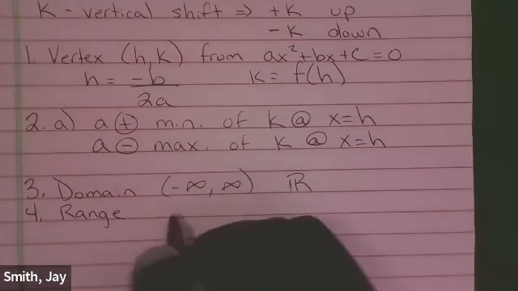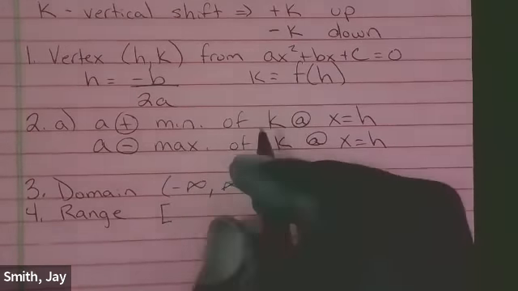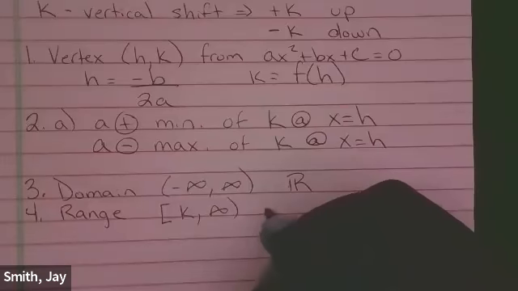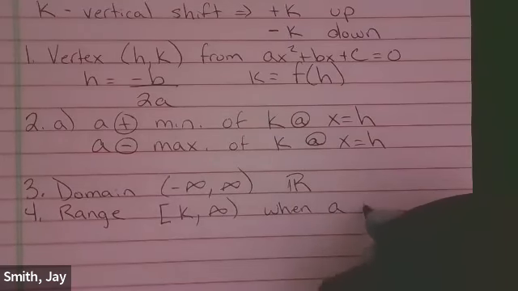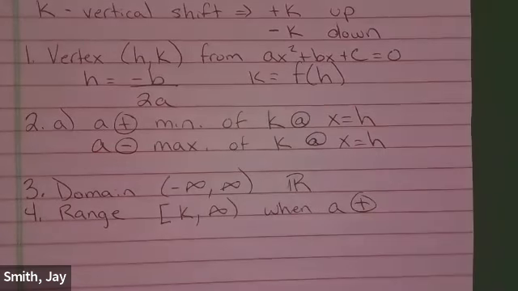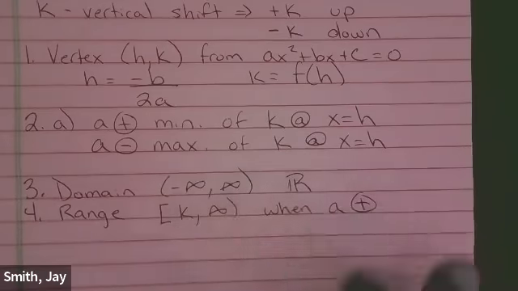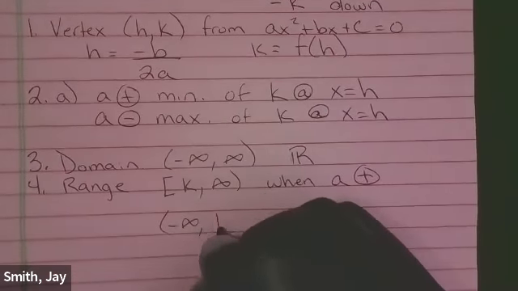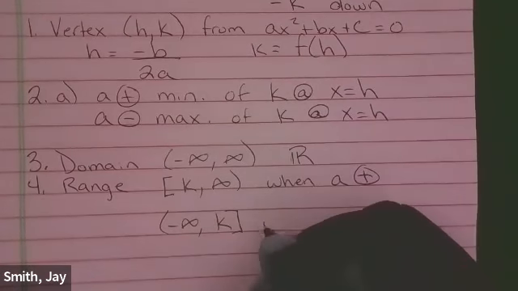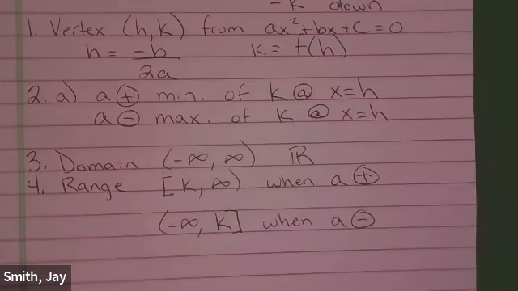So the range is all the Y values. Our range will be, open bracket, K to infinity, close parenthesis, when our A is positive. Or the range would be from negative infinity all the way up to K, close bracket, when our A is negative.